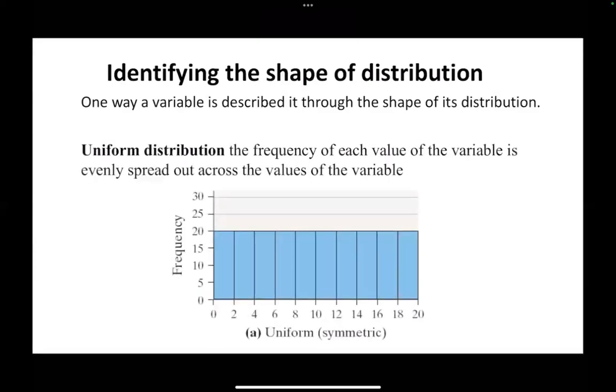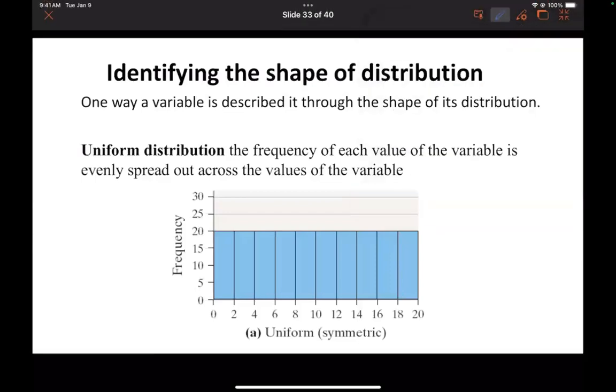So this right here is called a uniform distribution. So that's evenly spread across. Sometimes it's not exact. Now this one is exact. But as I said before, statisticians don't deal in absolutes. So sometimes it is mostly uniform. So I'm going to get a blue pen because blue seems to represent this better.